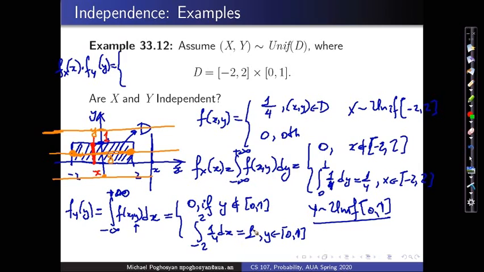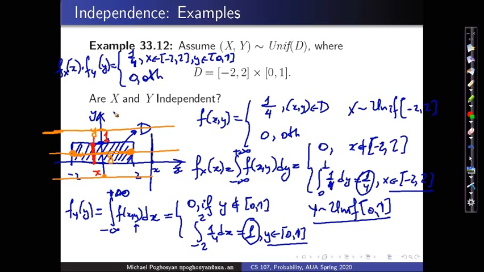And non-zero will be if I multiply this by that. So 1 over 4, which happens if y is in 0, 1 and x is from -2 to 2, and 0 otherwise. Now you can see that this exactly coincides with that.